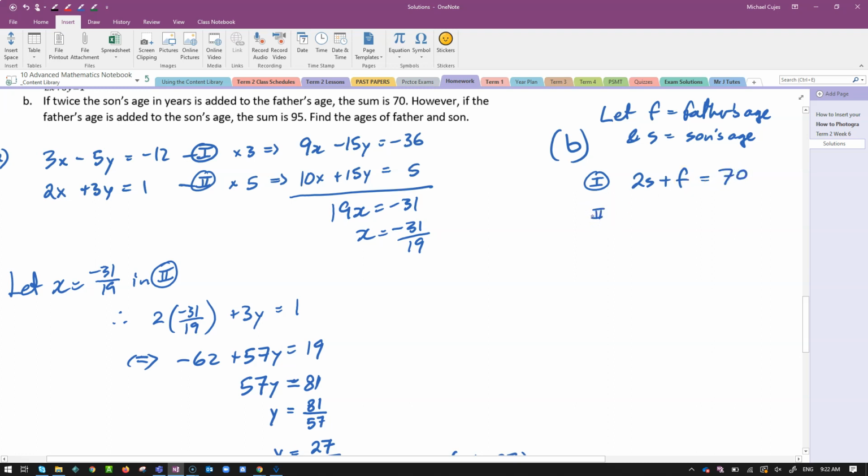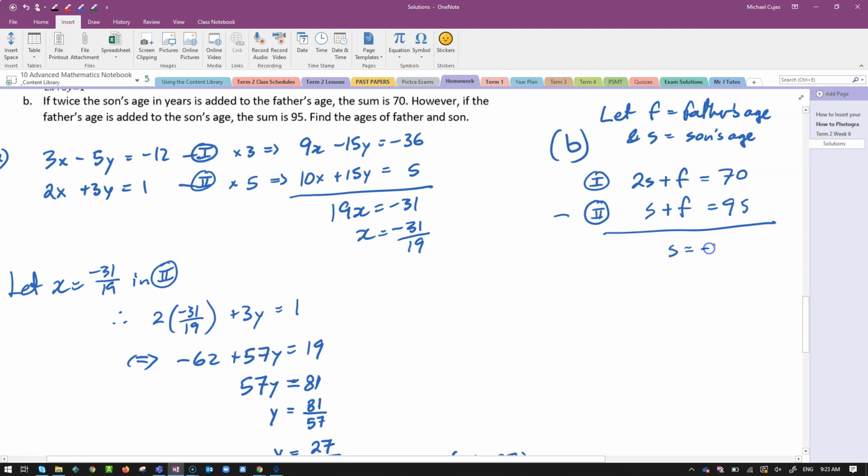And then the second one, it's the son plus the father equals 95. This is set up for elimination. I'm going to do subtraction here. Equation 1 minus equation 2.